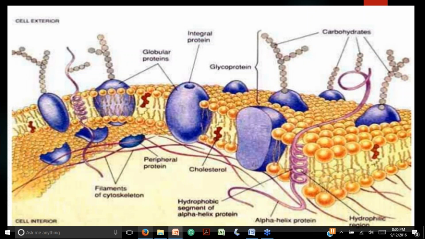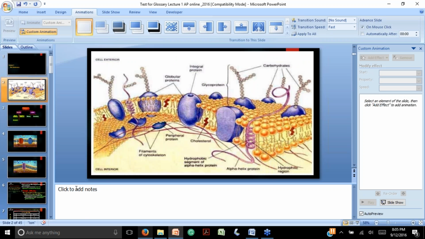Amphipathic means that they are going to... excuse me, I need to cut that noise. Just a moment. Where is this? No, it's not Gina.